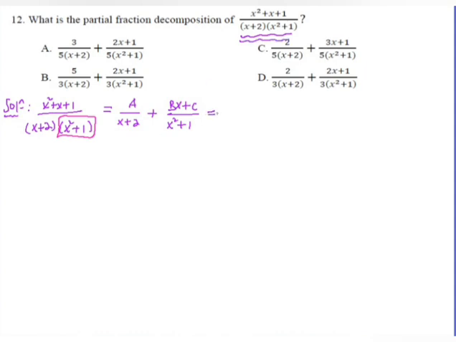You can use LCM or whatever you like, or crisscross. So the given expression becomes a times x squared plus 1, plus bx plus c times x plus 2, over x plus 2 times x squared plus 1.